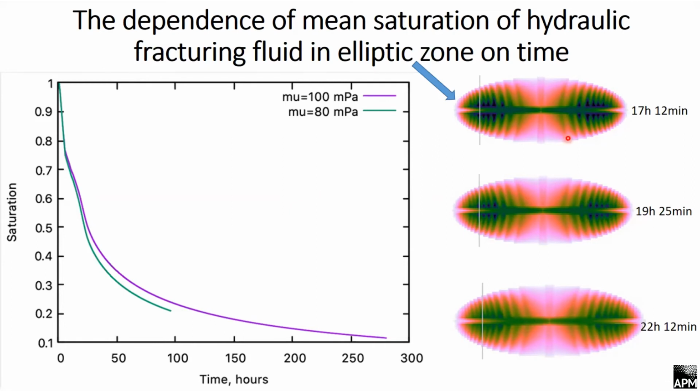You can see on the left side of the slide three pictures with the distribution of saturation at different time moments from this interval. In the last picture, we can see that the parts which were not involved in the process previously are cleaned already.